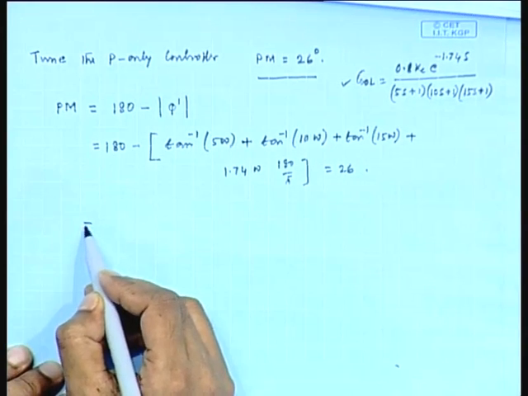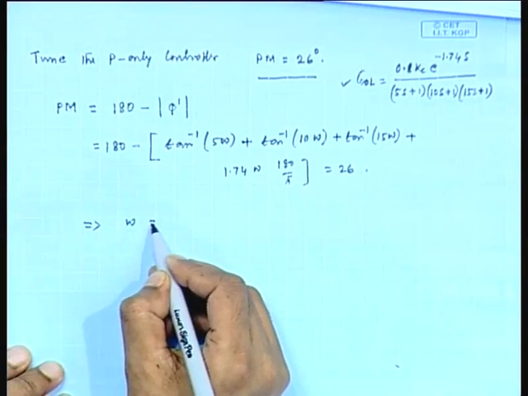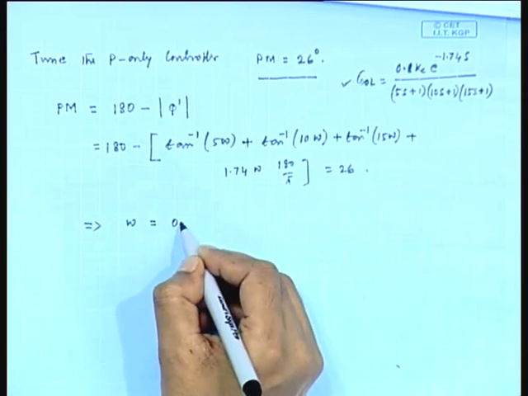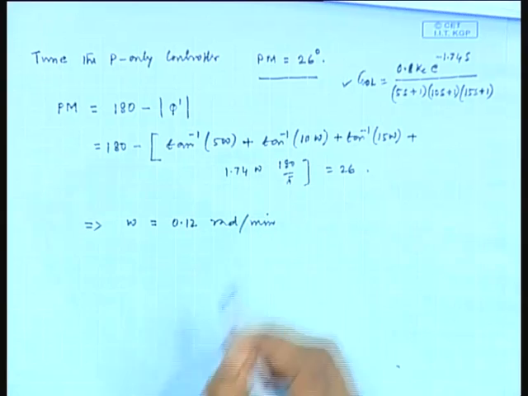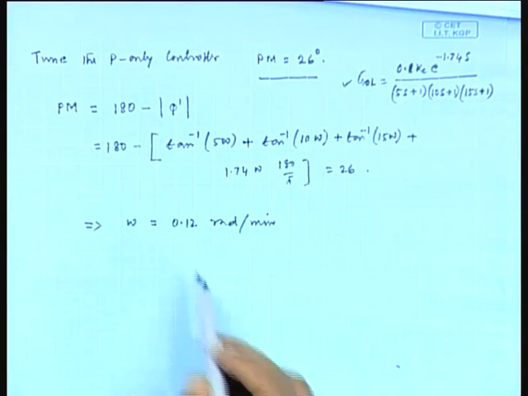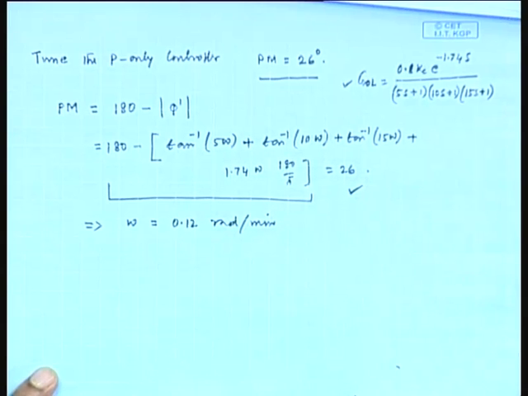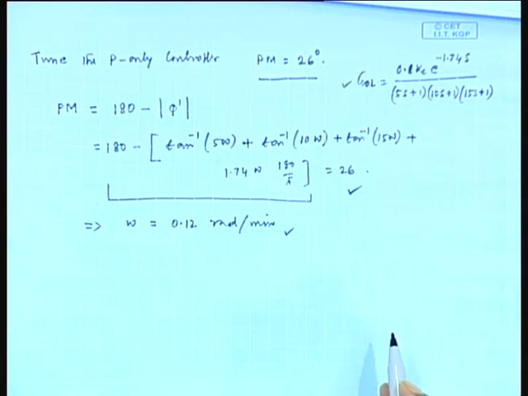Now, if we consider this part equal to 26 degree and we solve, then we obtain omega equals 0.12 radian per minute.